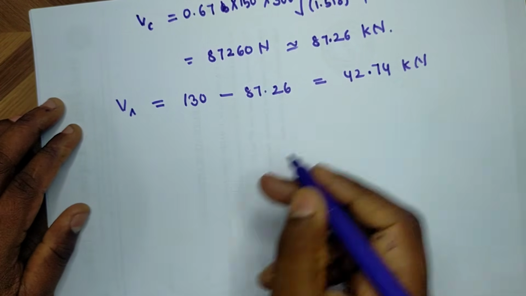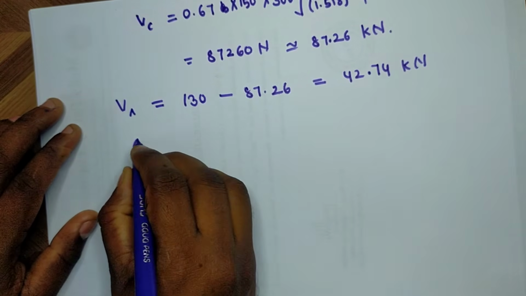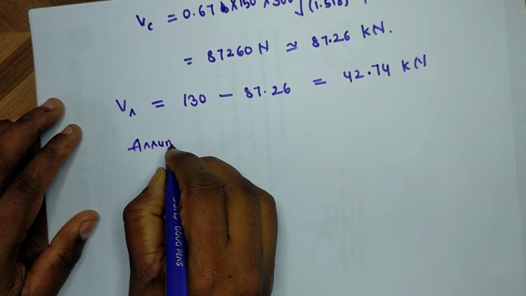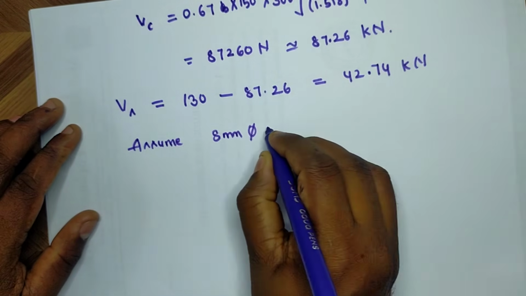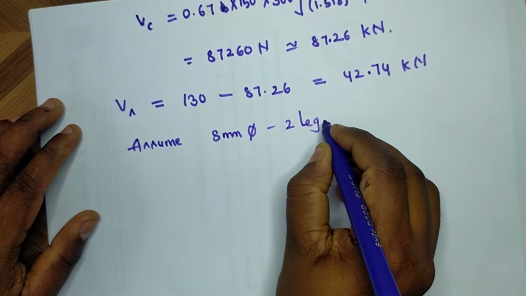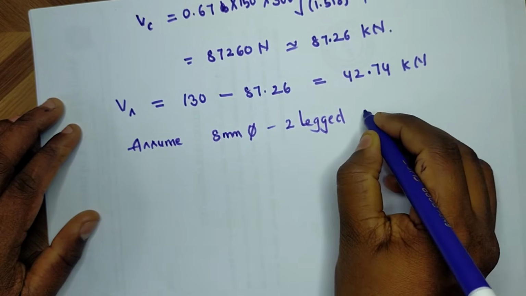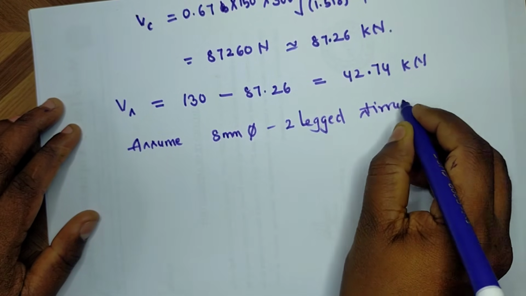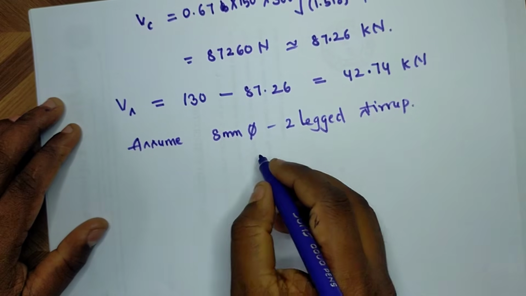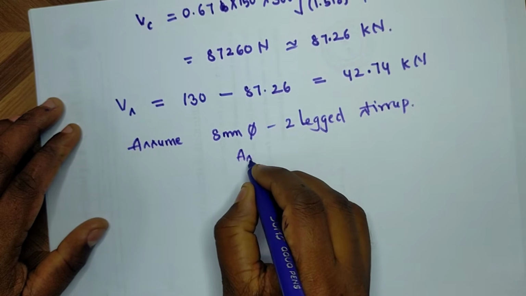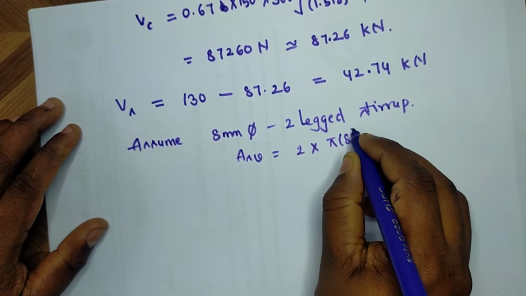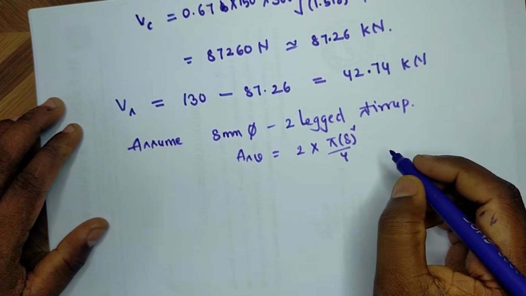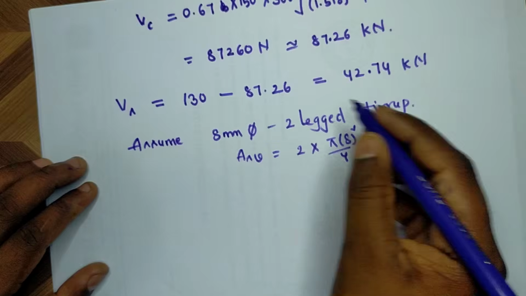I assume 8 mm dia 2-legged stirrups. I am using 8 mm dia 2-legged stirrups as the shear reinforcement. Then the area ASV is equal to 2 into pi d square by 4. We need to substitute this value.